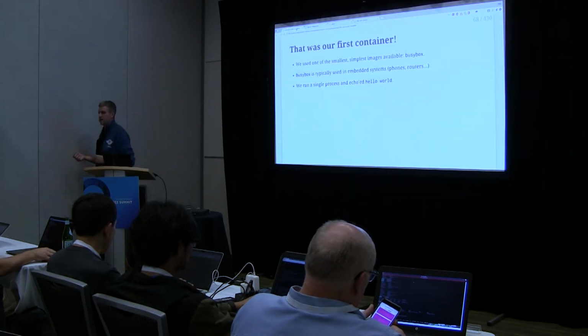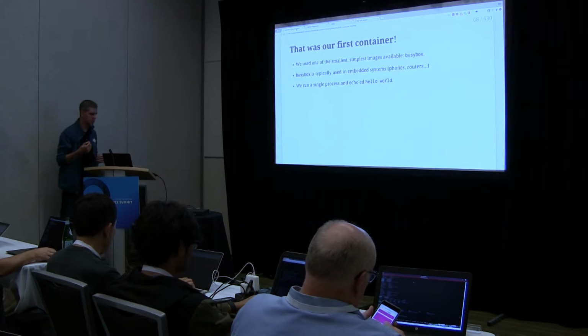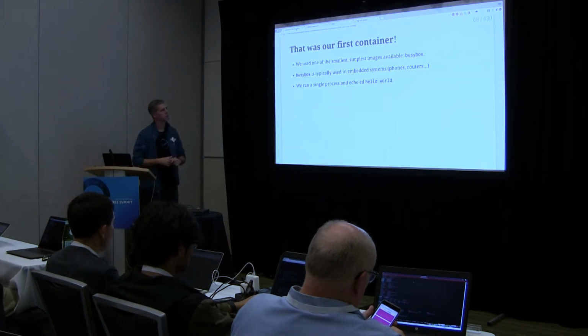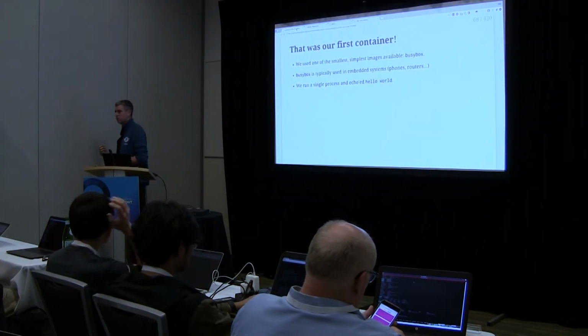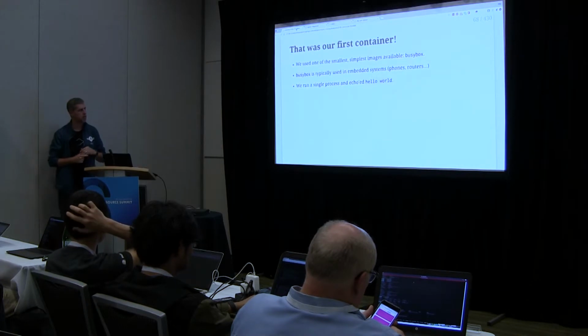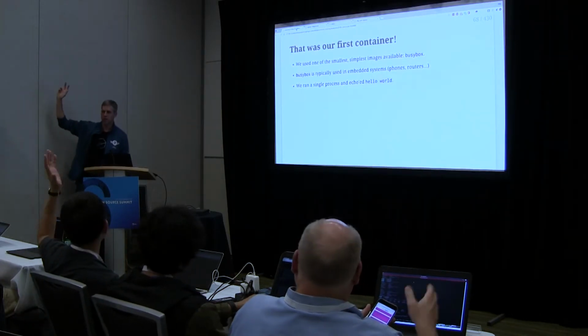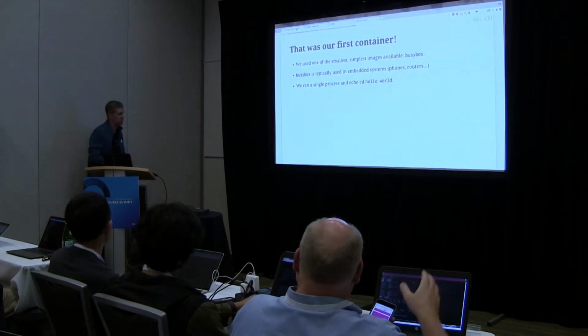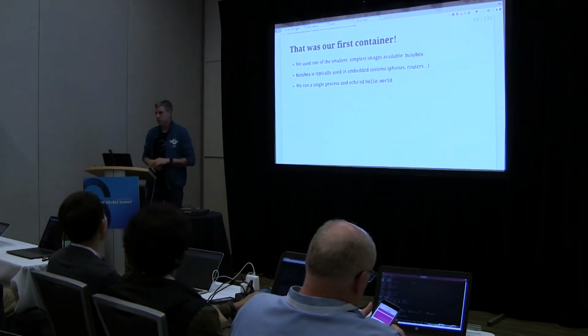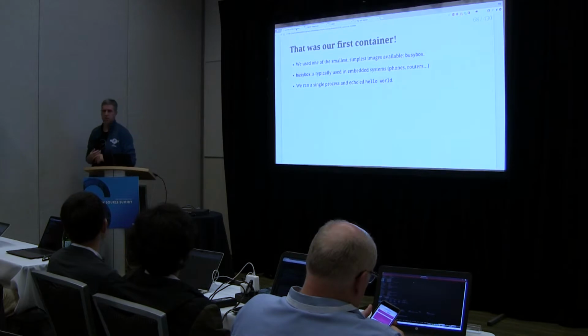So you've run a container, and obviously it wasn't necessarily that exciting. We used one of the smallest images available on DockerHub called busybox. Who's heard of busybox before? Because it actually is unrelated to the container world. It's been used a lot in the embedded Linux world.